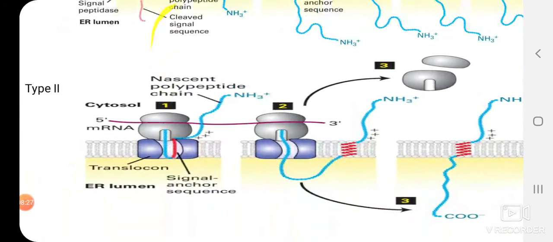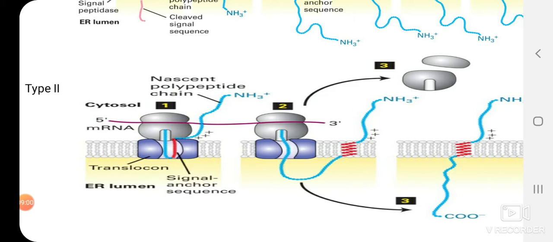Similarly, the type 2 protein molecule is also going to get inserted into the membrane, but in case of type 2 protein, there is one small change which we are going to see. Here the nascent polypeptide chain which is being synthesized will initially get translocated into the lumen of endoplasmic reticulum.